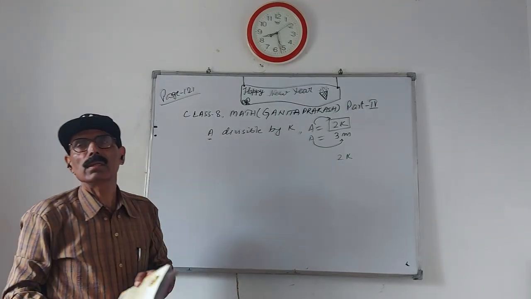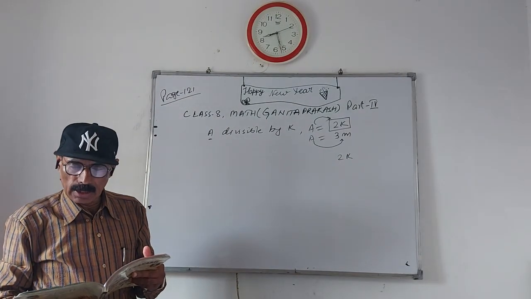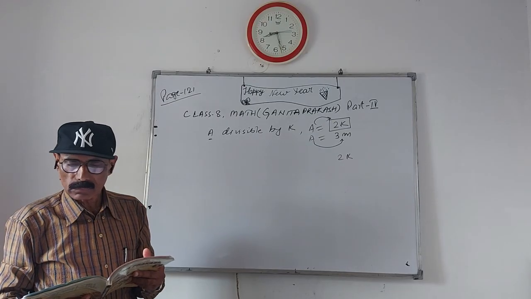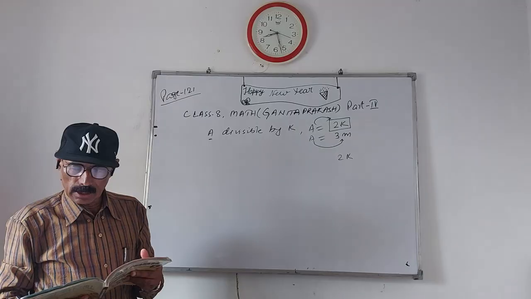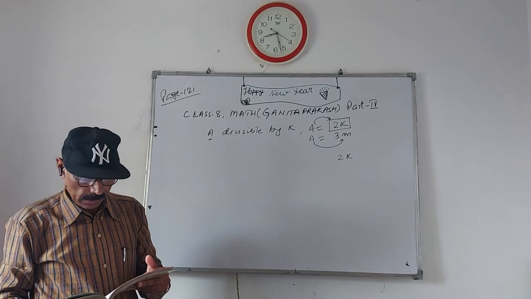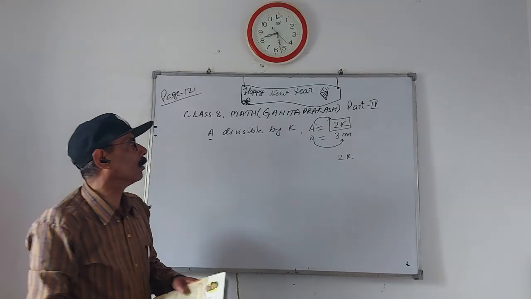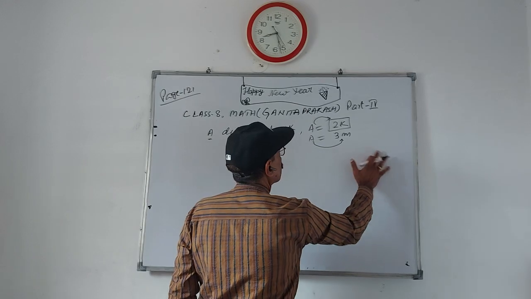Suppose K and M are both different numbers. Then the LCM of these numbers will be what?